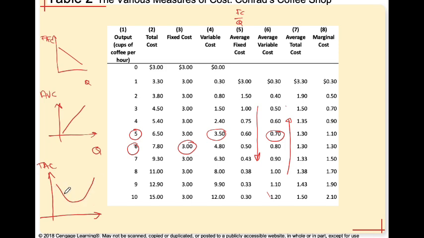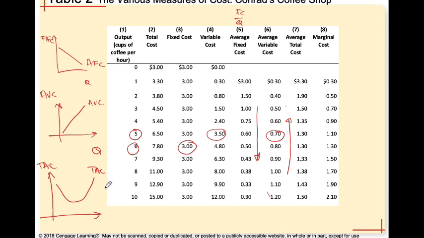In the beginning it goes down, but then it reverts and starts going up. This was average variable cost, and this was average fixed cost. So what we need to try to understand is why the total average cost curve is in a U shape.